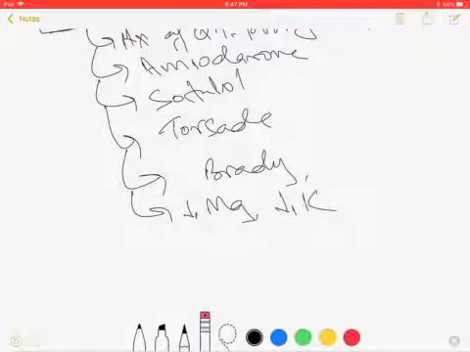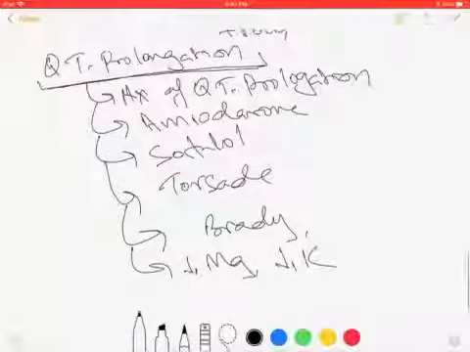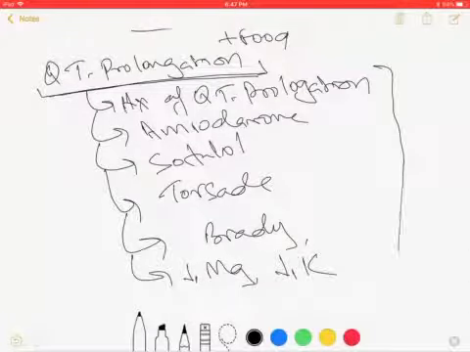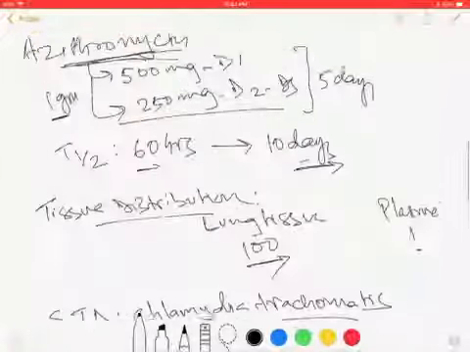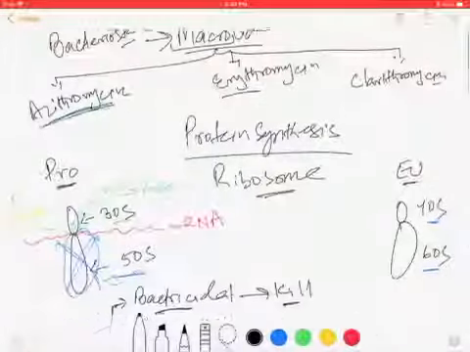So these are the patients who will be more prone to QT prolongation. So you have to be more careful when you prescribe this. So this is all about azithromycin and macrolides in a nutshell.